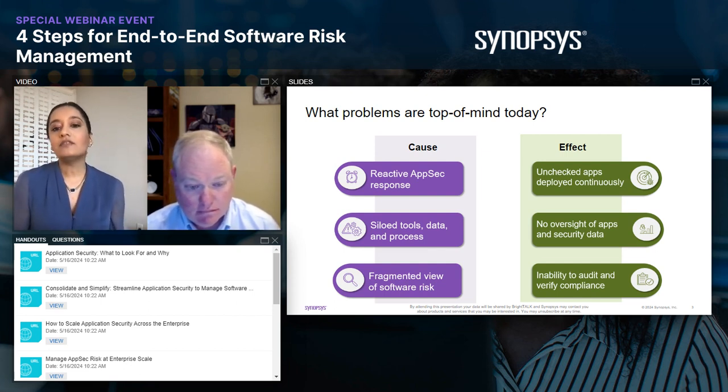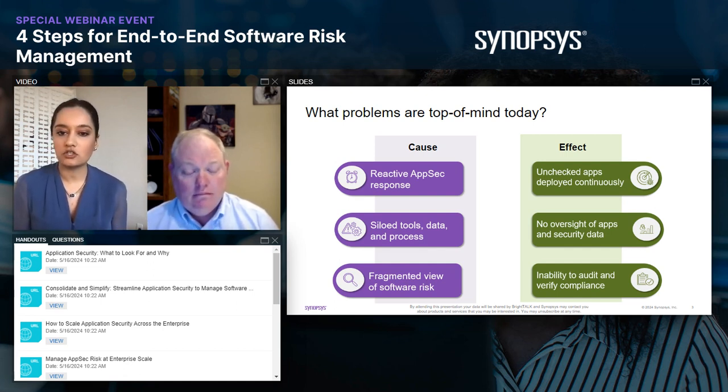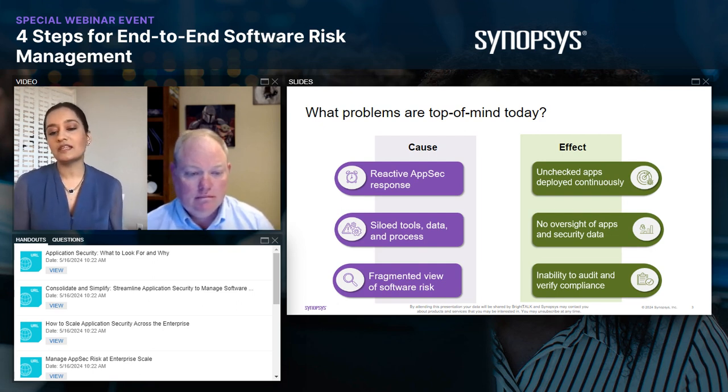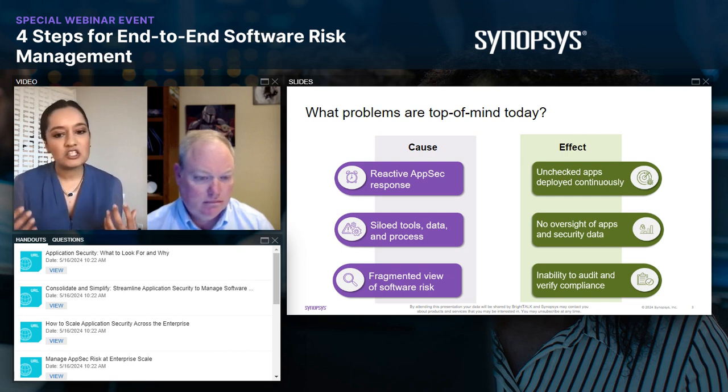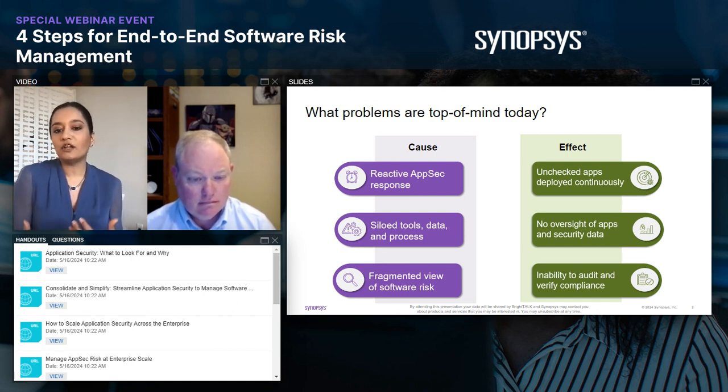And a lot of this is because a lot of the tooling, a lot of the data and process around this in deducing issues to triage, in being able to pinpoint root problems that are high priority, is largely siloed and in many cases manual. There's a lot of information that organizations still largely keep in spreadsheets, in homegrown tools, and a lot of this is very disconnected. And therefore, you have a very fragmented view of software risk.